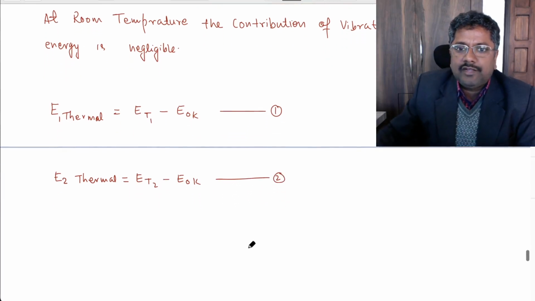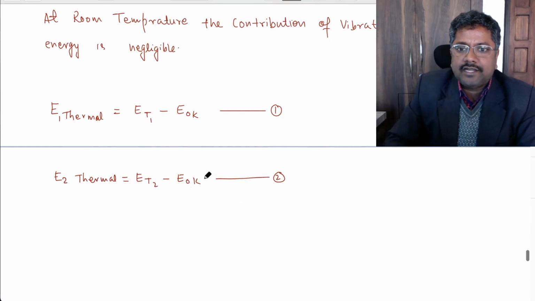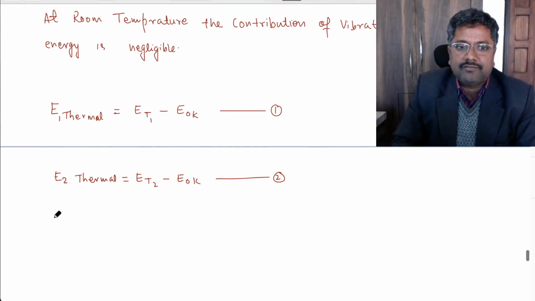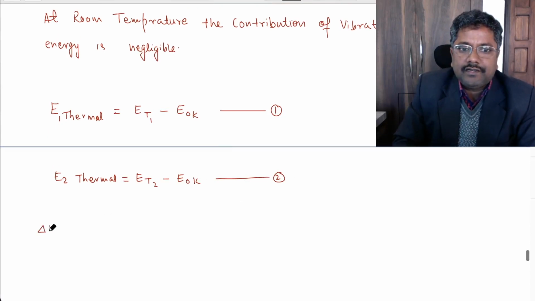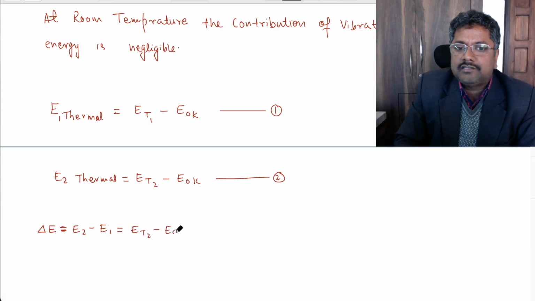So at any moment of time, if you subtract this equation 1 from equation 2, so you can write delta E is equal to E2 minus E1 is equal to ET2 minus E at 0 Kelvin minus ET1 plus E at 0 Kelvin.